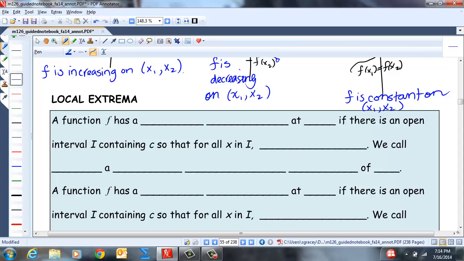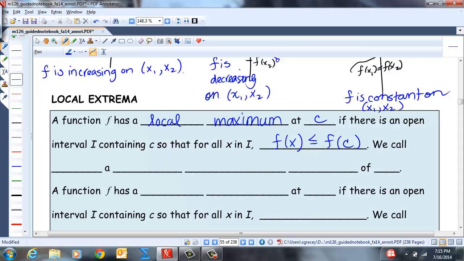A function f has a local maximum at c if there is an open interval I containing this input c, such that for all x in the interval, the function values are less than or equal to the function evaluated at that input c.